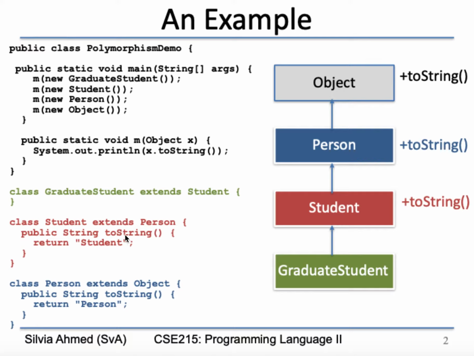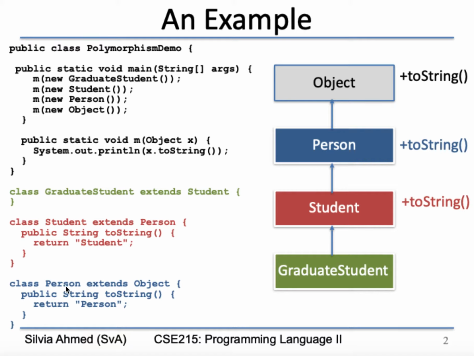Then we have the class Student, and inside the class Student we have overridden the method toString. We have already seen the toString method, which was in our Object class. Here in the Student class, we are changing the implementation of that toString method. That means we are overriding the toString method. I am using the same color, depicting that the toString is overridden in the Student class.